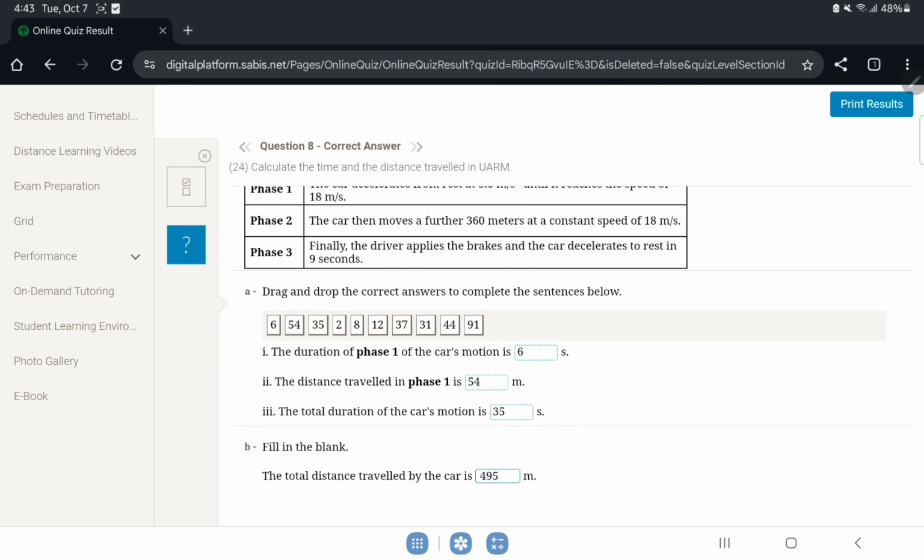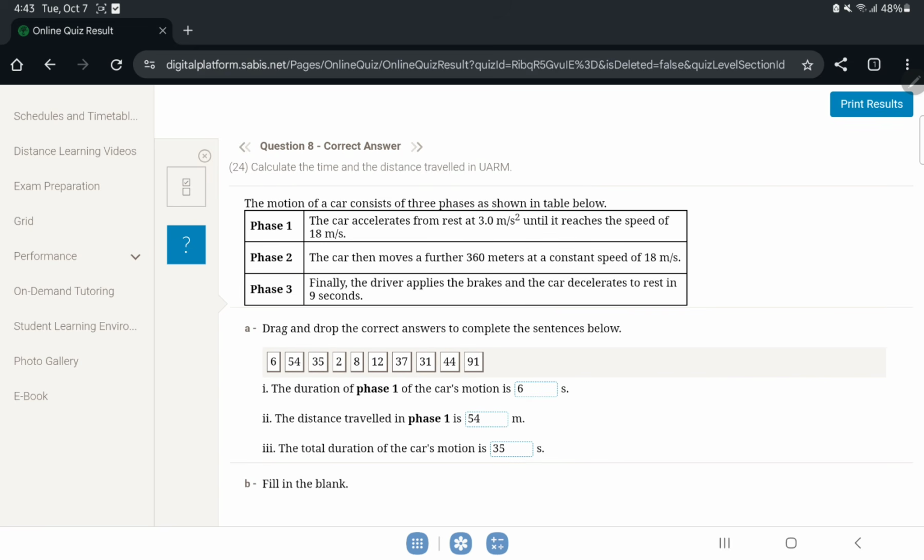The total distance traveled by the car. Okay. To the total distance, we have the distance in phase 1 here, 54, plus the distance in phase 2 here, 360. Let's find for phase 3.